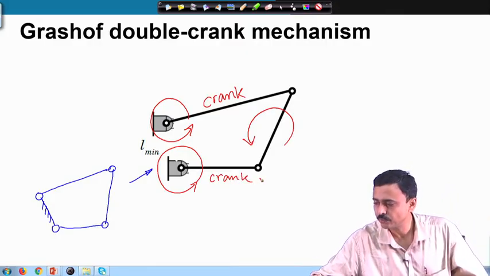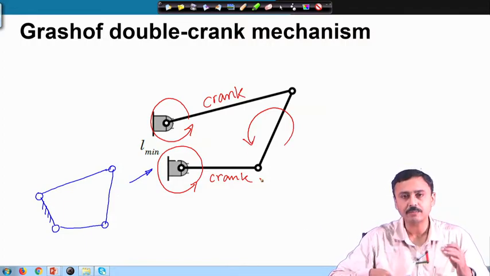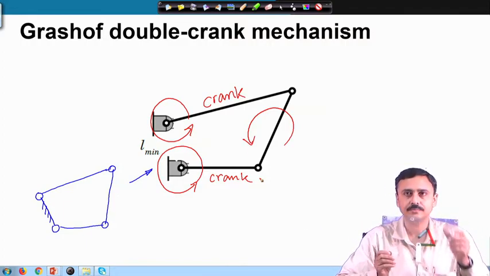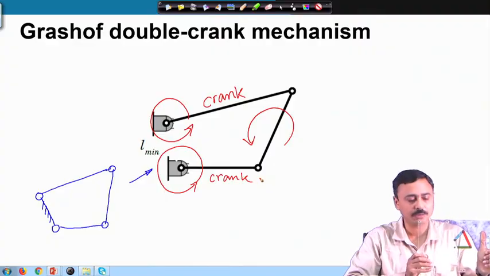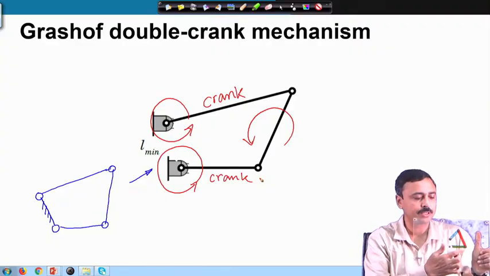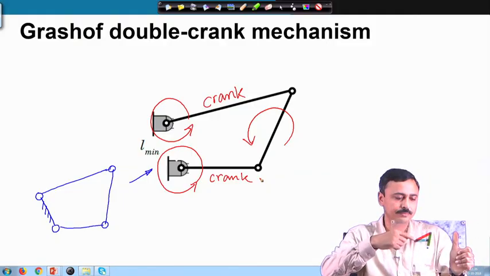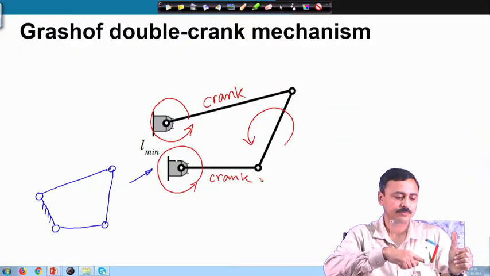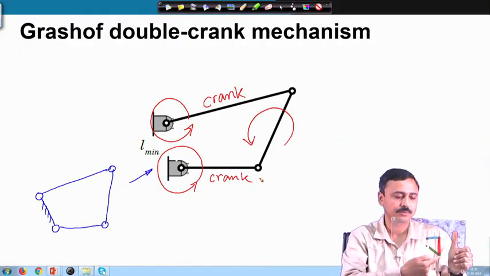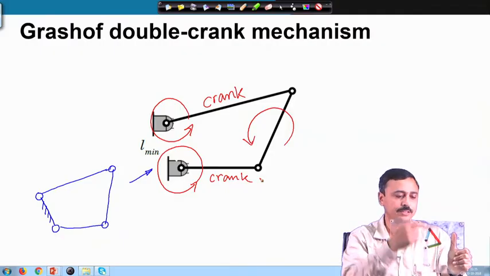Let me show you an example of a double crank mechanism. So, this is a double crank mechanism. Let me move the mechanism. You can see that all the links are rotating completely.